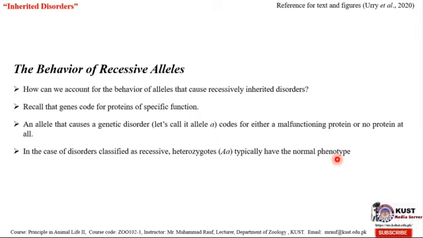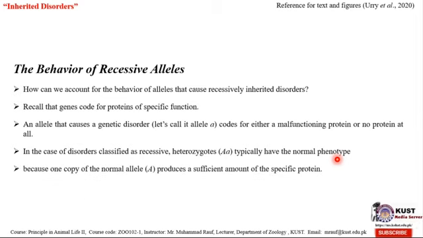Such a person will not exhibit any symptoms of the condition, but can transfer the defective allele to the next generation, because one copy of the normal allele produces a sufficient amount of the specific protein which performs the function normally.